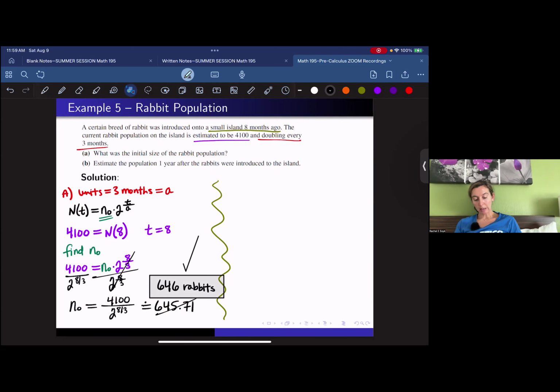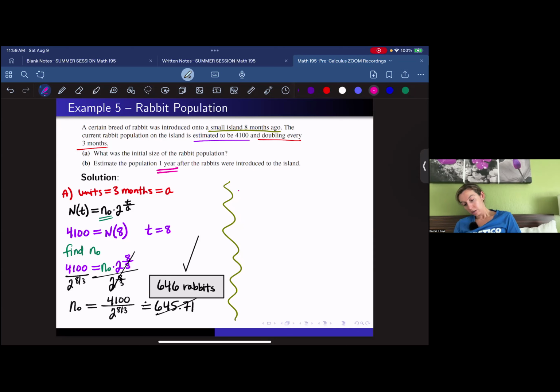Cool. Let's move on to part B of this problem, where we're asked to estimate the population 1 year after the rabbits were introduced. So just keep in mind, our units are in months. So we need to convert that 1 year into months, which is 12 months.